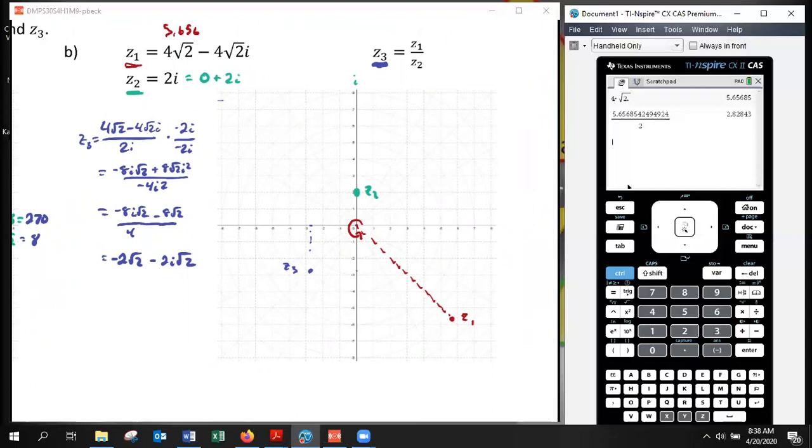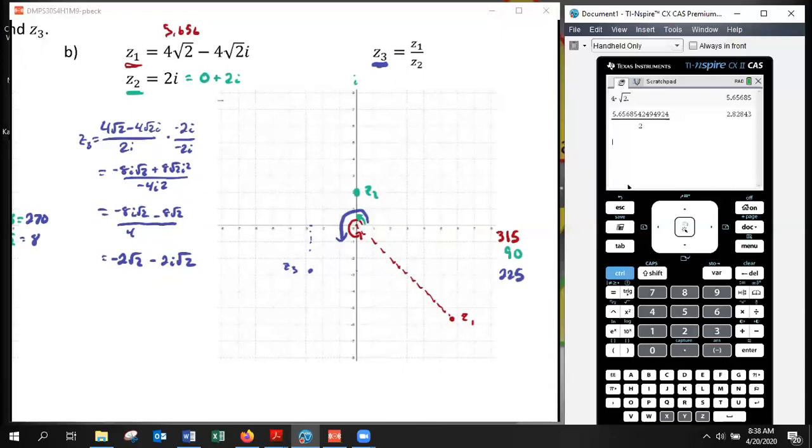So Z1 had 315 degrees. Z2, which is teal color, is this 90 degrees. And then Z3, it's right here. Z3 ends up being 225 degrees.